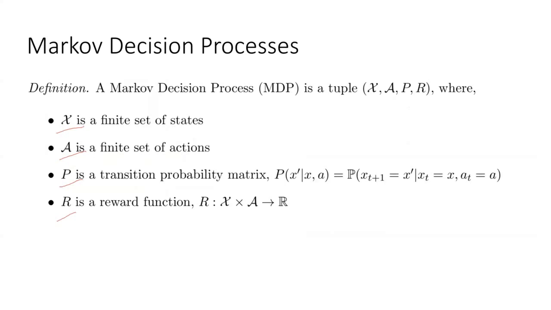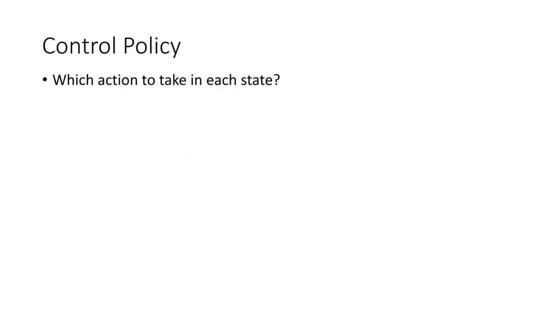You can think about MDPs with infinite set of states and infinite set of actions. That is entirely feasible, possible, but for mathematical tractability and ease of exposure, I'm going to consider only MDPs with finite set of states and finite set of actions.